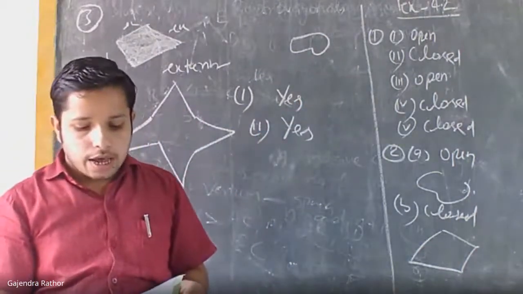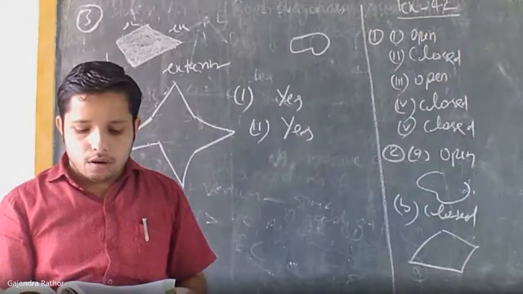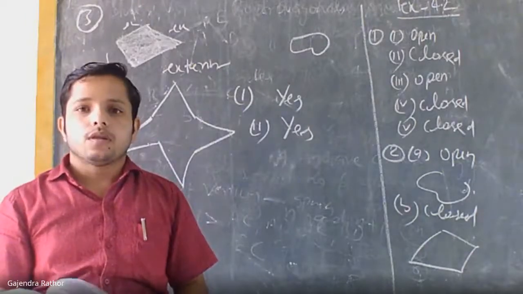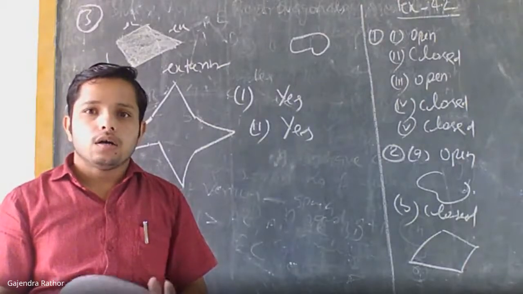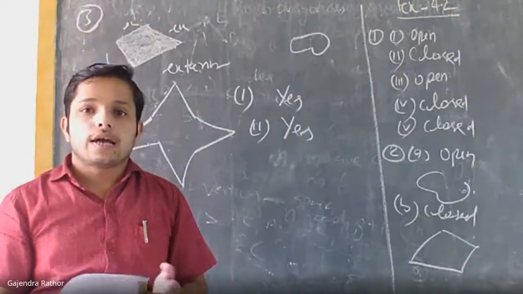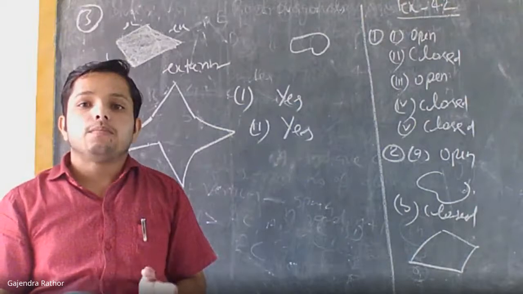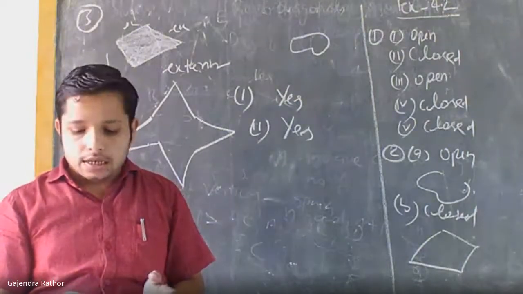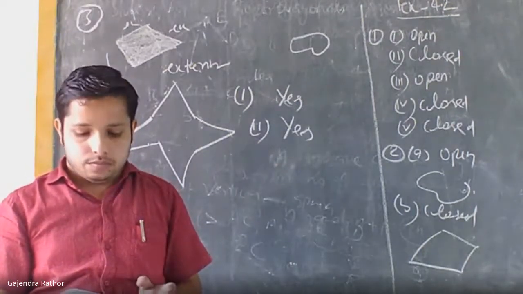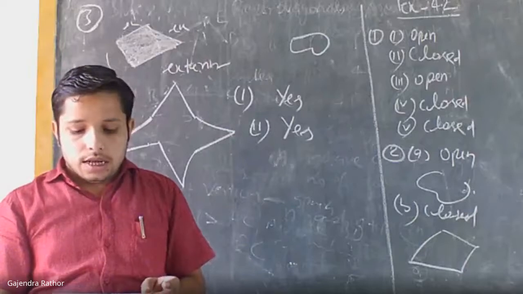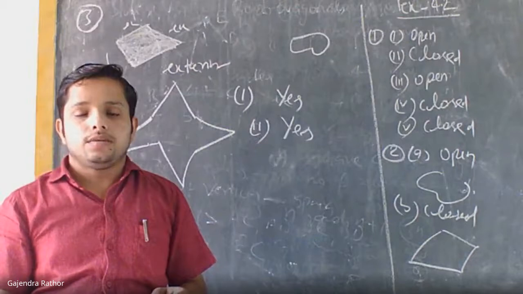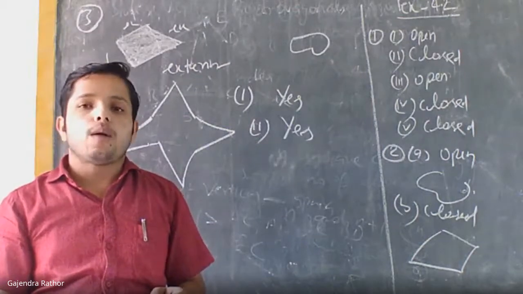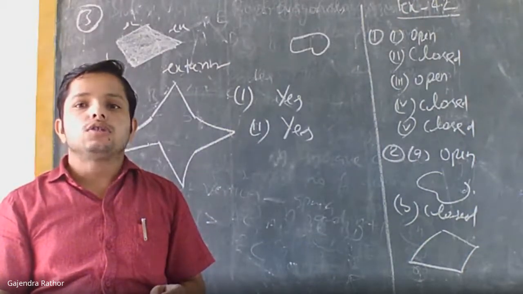Second point, an open curve entirely of line segments. Here you have to draw an open curve made up of only line segments. The next, C point, a polygon with two sides. In this point, you have to draw a polygon with only two sides.